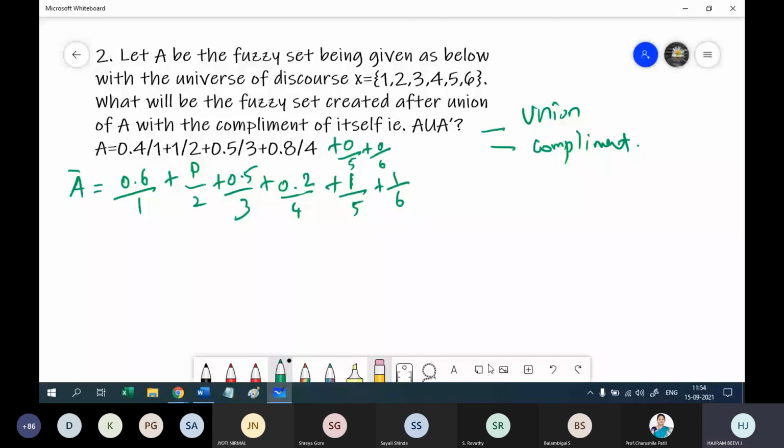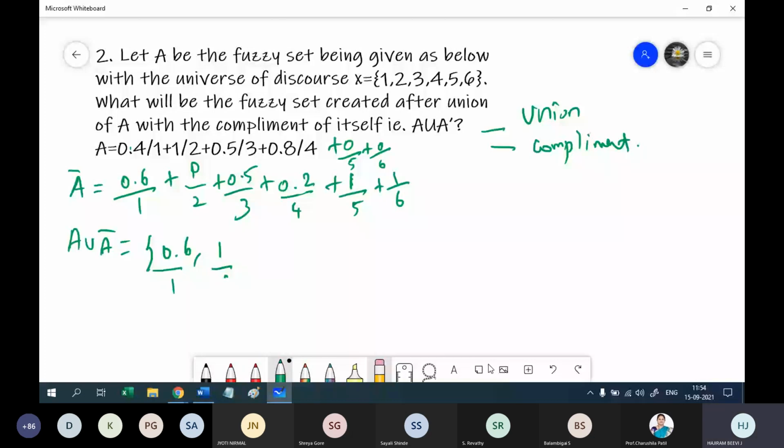So A union A bar. So which means here we are taking the maximum value 0.4 and 0.6. Which one is maximum? So the maximum value is 0.6. Then 1 and 0, which is maximum, it is 1. 0.5, 0.5, 0.5.